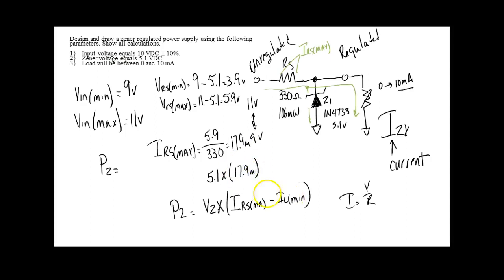Actually this is 17.9 minus, what's my minimum load current? What's my minimum load current? 0. So in this situation, this power supply is designed to go unloaded.